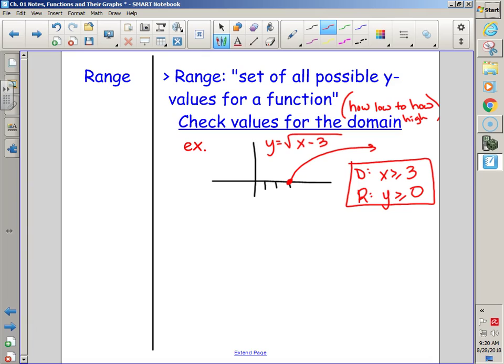So looking at the equation itself, does anybody have any ideas about how we could have gotten the domain? Could we have figured out the domain from that equation? Yes, but can you explain why? Kathleen, how could we have figured out the domain? Good. It's in the roots category if you guys want to look under domain problems. And then what would we have done then?